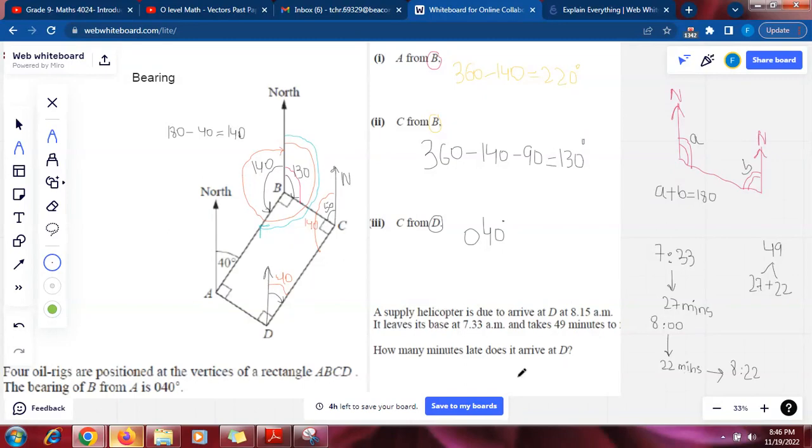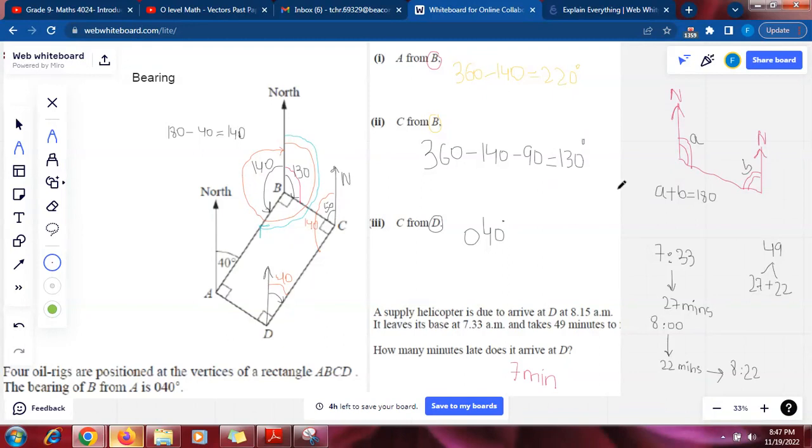So the helicopter is arriving 7 minutes late at D. That was the simple trick to find the answer to this problem. This question has 4 marks, one each for the three parts and one for this part.